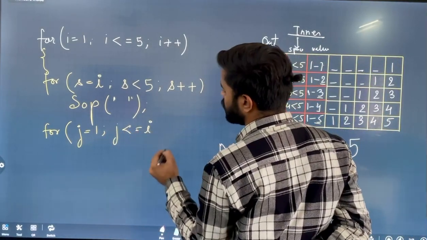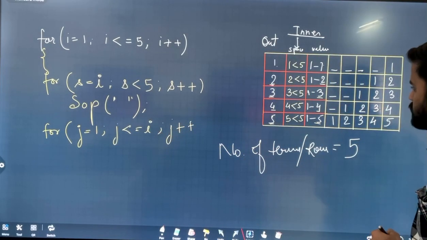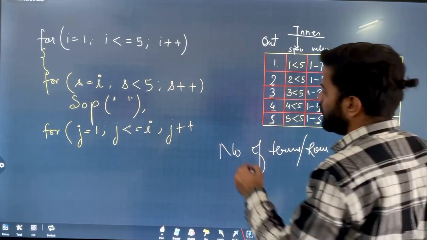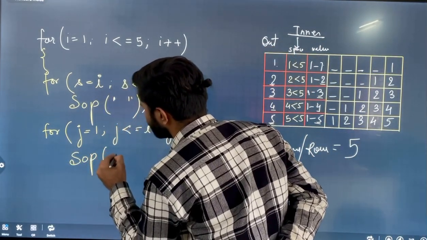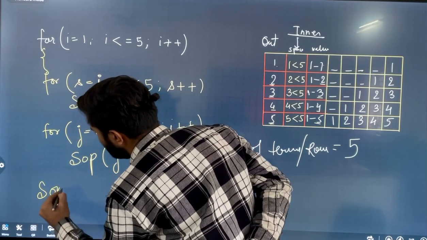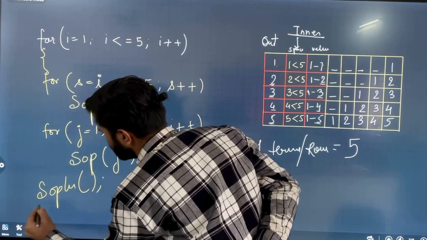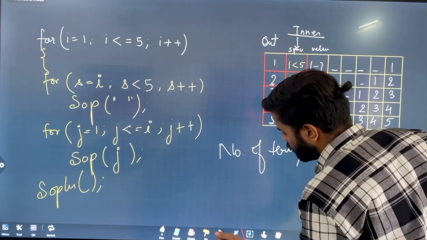So j is less than or equal to i, and then j plus plus. Is it clear? And then what will we print? We will print System.out.print of j and then System.out.println. Is it clear? Now let's see how the program's flow will go.